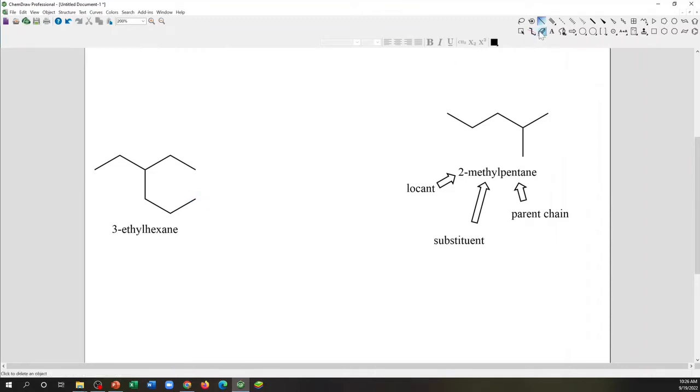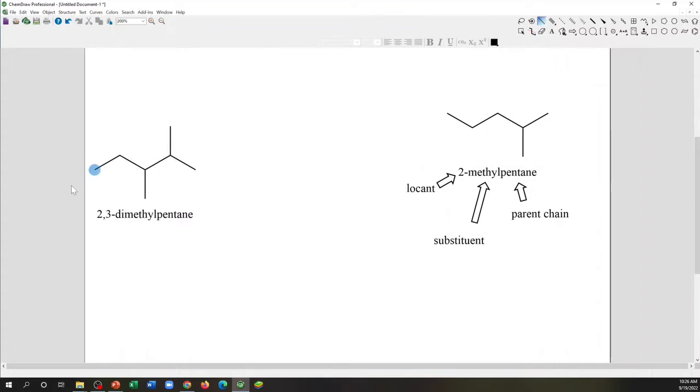Let's go back to the simpler example of 3-methylpentane right here, and now let's put a second methyl group in there. Now it's still pentane. That's still my longest continuous chunk of carbons. 1, 2, 3, 4, 5. You could also call this your parent chain if you're so inclined. 1, 2, 3, 4, 5.